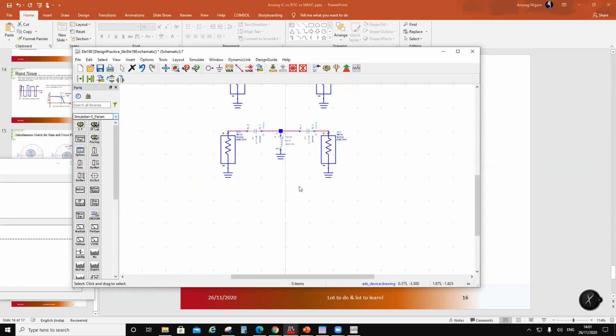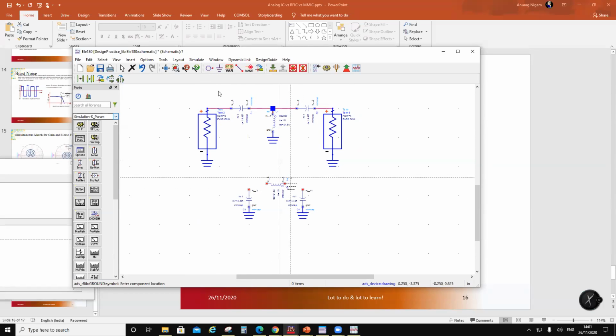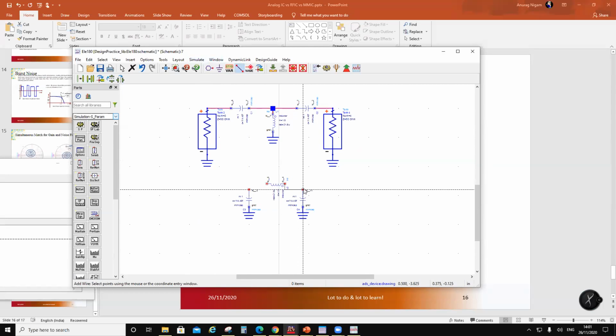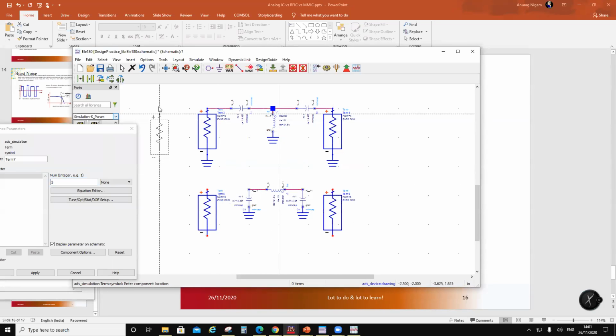And let's look at the pi equivalent, which would be this as the series element like this, and this as the shunt element like that. So this is going to be your, and then you have ground, ground, of course, and then you have got two more terminals, 5 and 6.